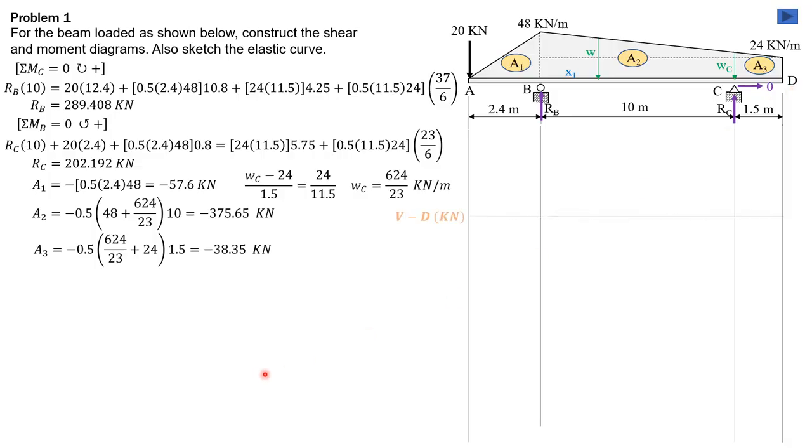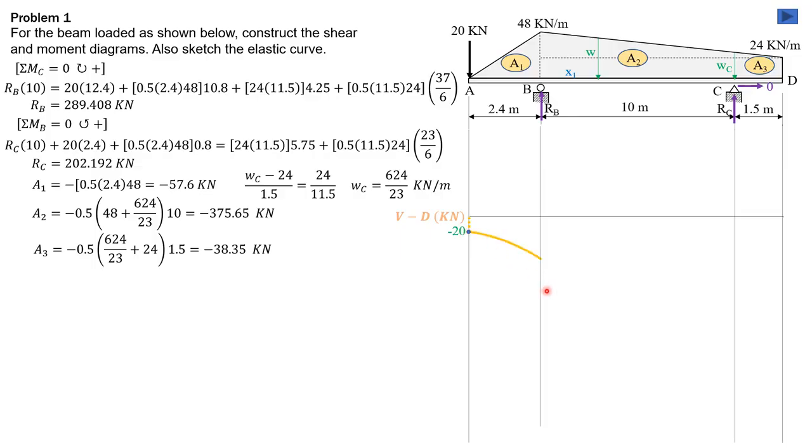So the shear diagram, we have to go down 20. So from 0 we have negative 20. Then plus area 1, which is negative 57.6. This is 0 to negative 48 ordinate, so it is negative increasing, negative increasing slope like that, from 0 slope, because 0 intensity of load, to negative 48 slope.